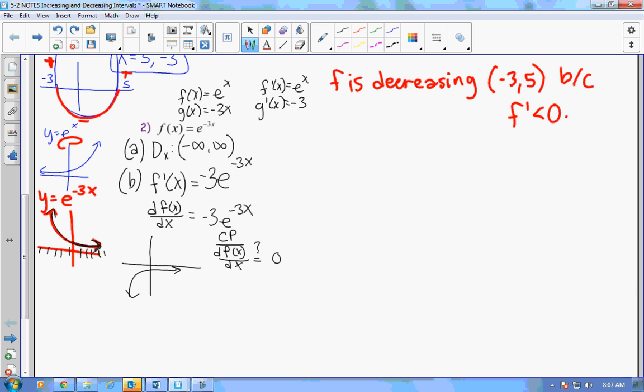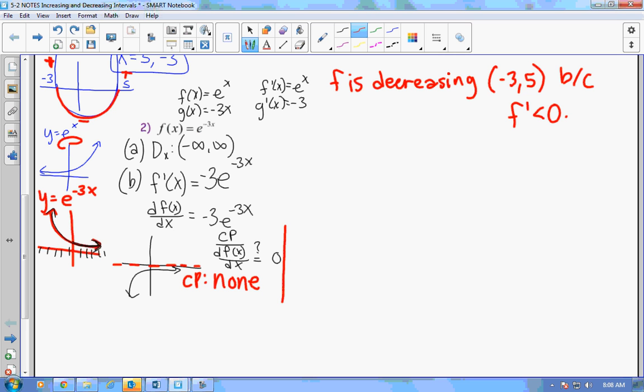When I say 0, am I looking for an x being 0 or y being 0? So your y being 0. When does this graph have a y value of 0? It doesn't. There's a horizontal asymptote. So there are none. No critical points.